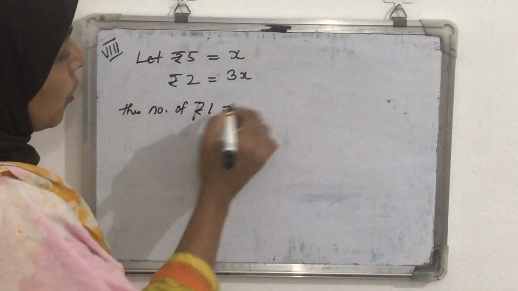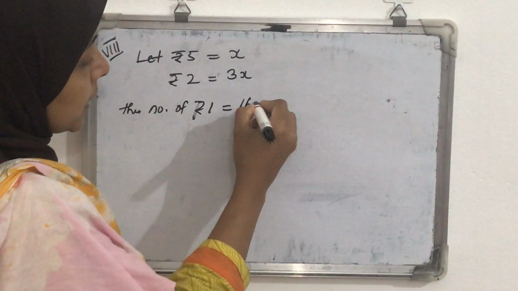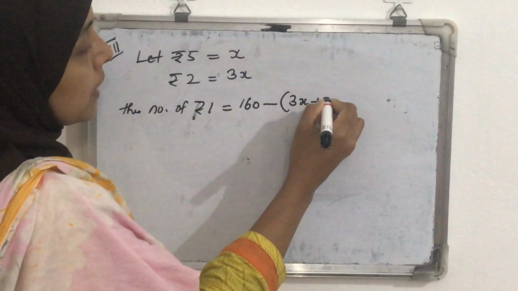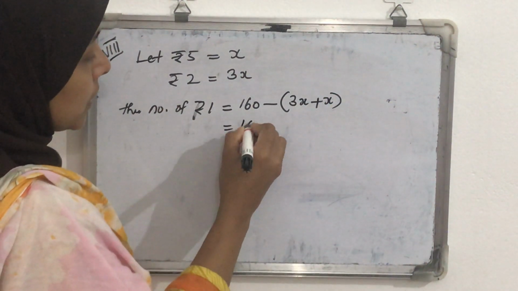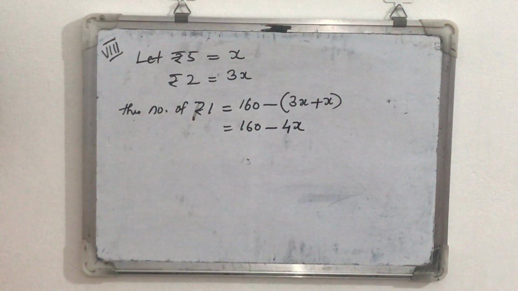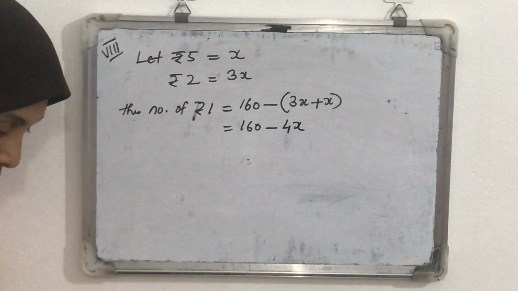So the number of 1 rupee coins will be 160 minus the total of these two, 3x plus x. That means 160 minus 4x will be the number of 1 rupee coins.